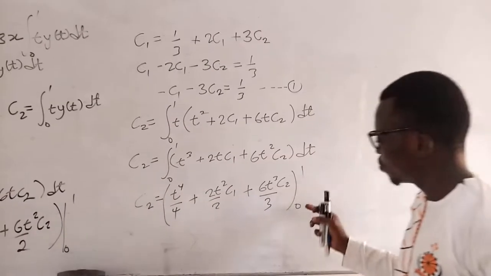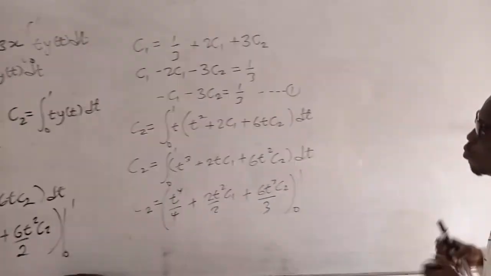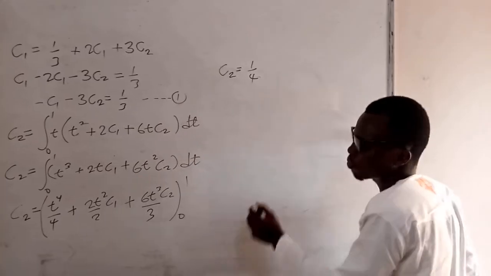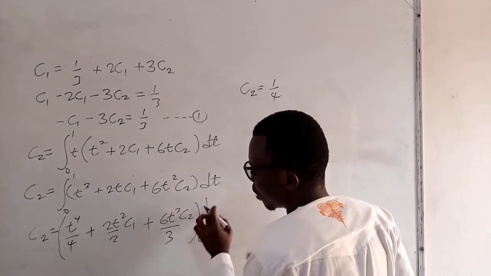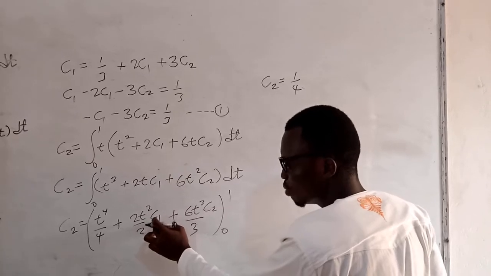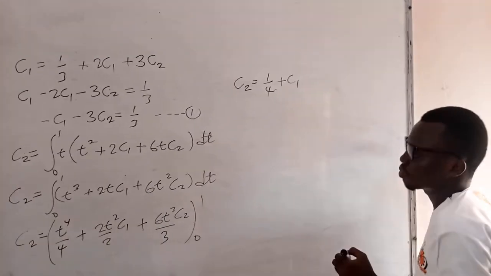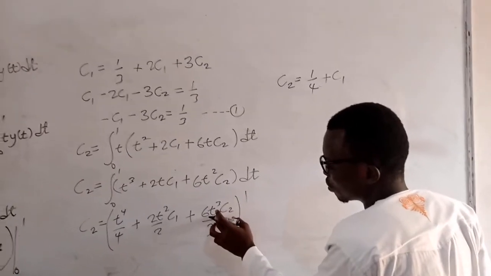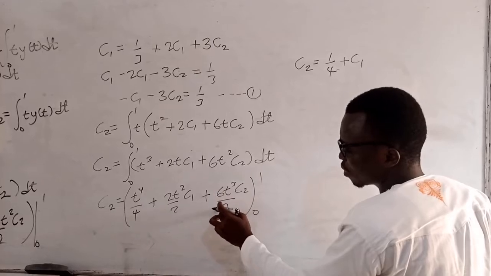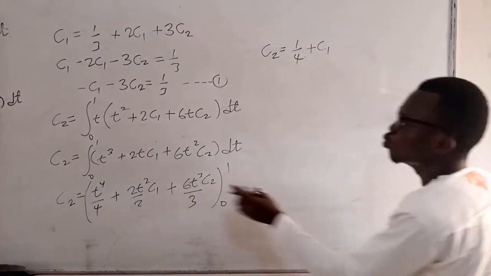If you put in 1 here, you get 1 over 4. So our c2 is equal to 1 over 4 plus, if you put in 1 here, 2 cancels 2, so c1, plus 6c2 divided by 3. But 3 goes into 6 two times, so plus 2c2.